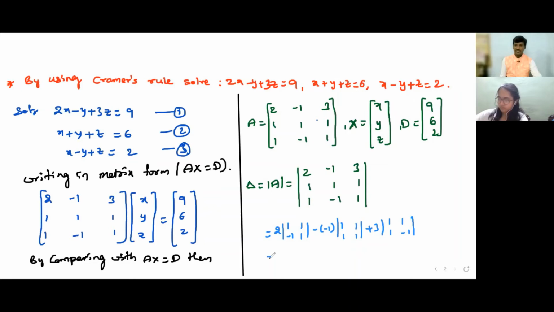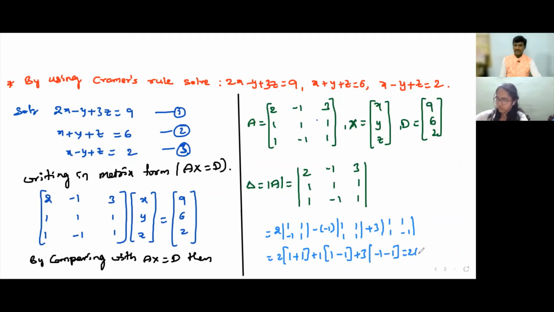Now this is equal to 2 into 1 into 1, 1, minus into minus, plus AD minus BC. 1 into 1, 1, minus, into minus plus 1, plus 1 into 1, 1, so 1, minus 1, plus 3 into 1 into minus 1, minus 1 and minus 1.